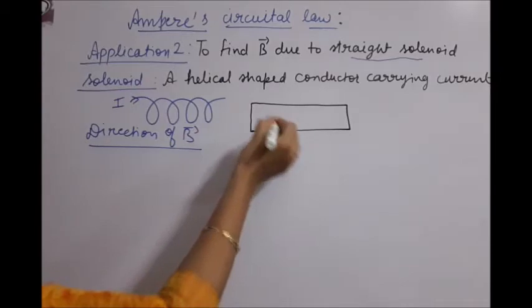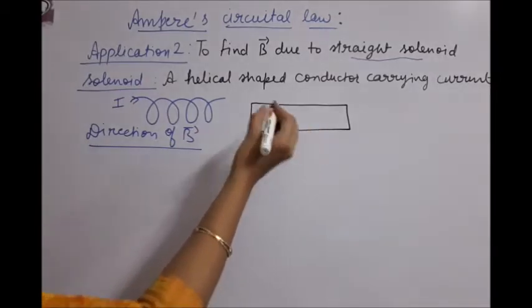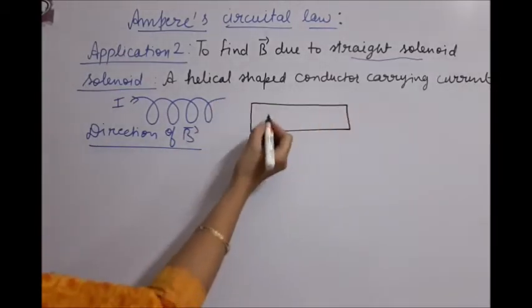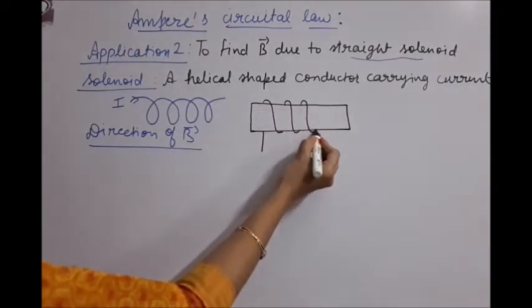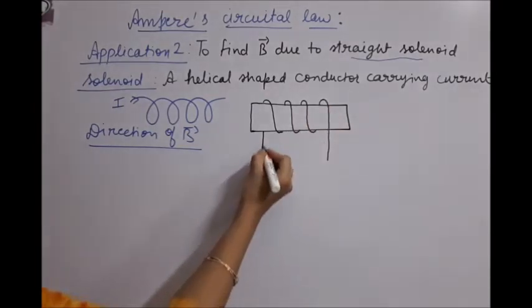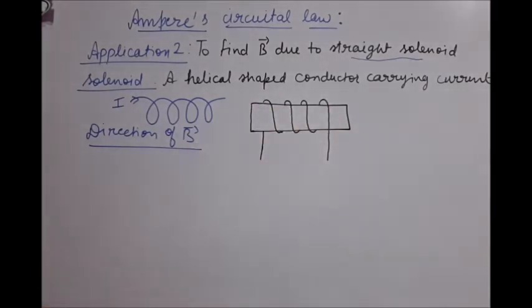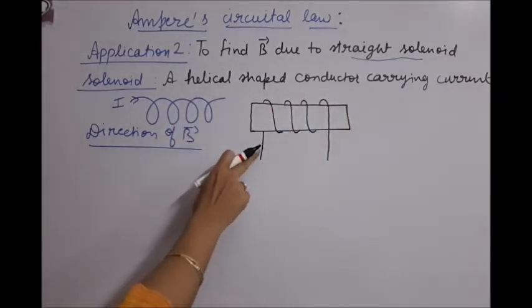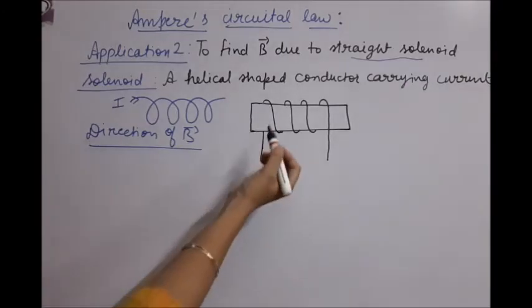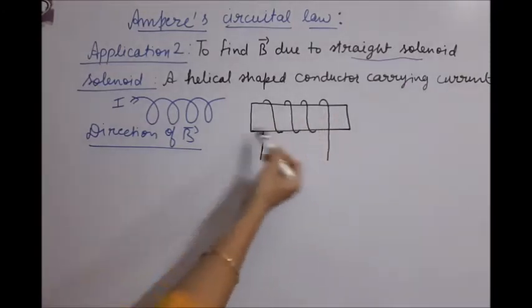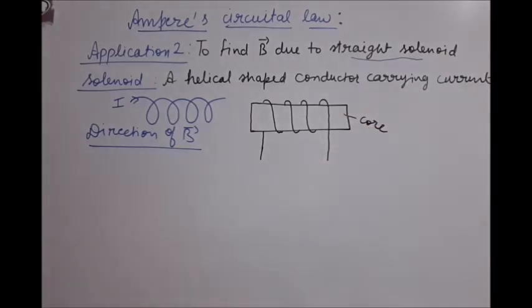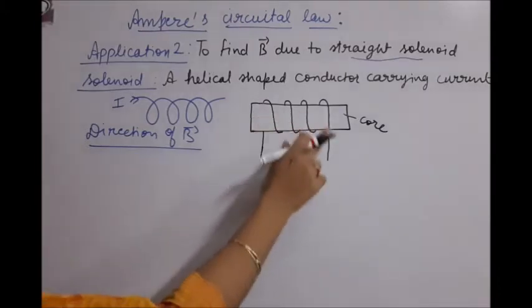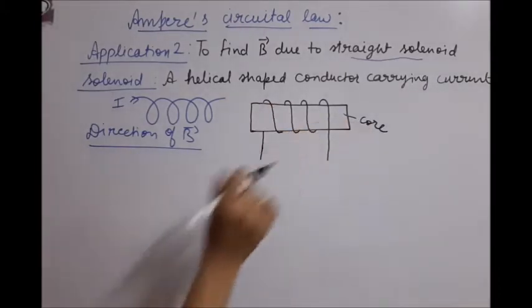In this we can show the windings of the coil over this material. So how can we show it? Like this. This spring which is wound over some material is called a solenoid, or coil, and the material over which it is wound is called a core.